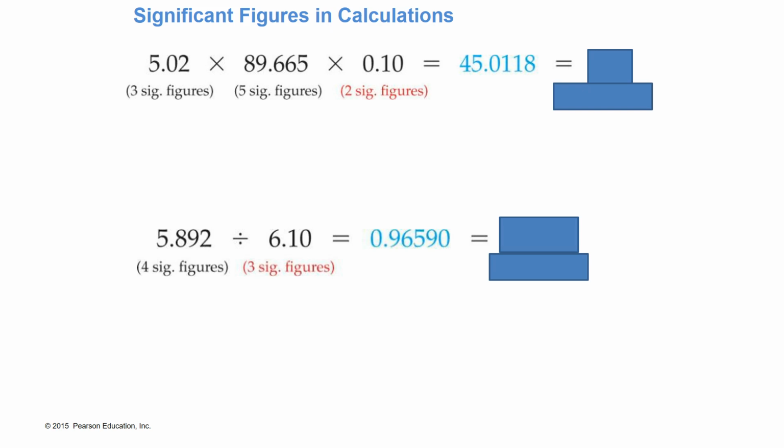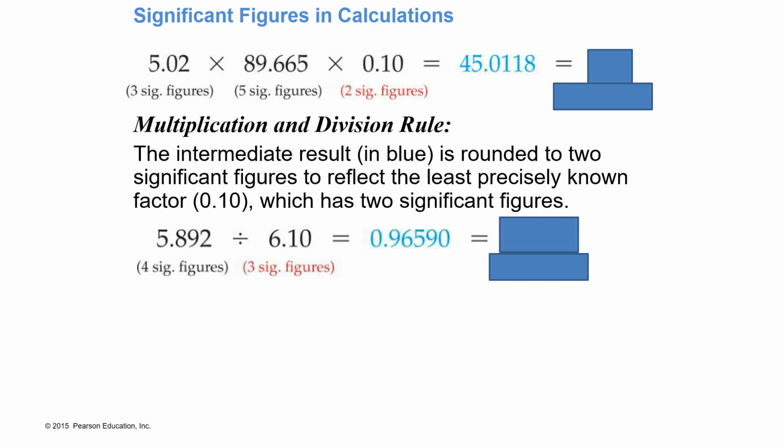When we do that calculation, I get 45.0118. And when I go to write the answer, how many sig figs can my answer have based off of this problem? 2. So what is my answer going to be? It should be 45. My answer can only be in 2 sig figs, and it can be 45.